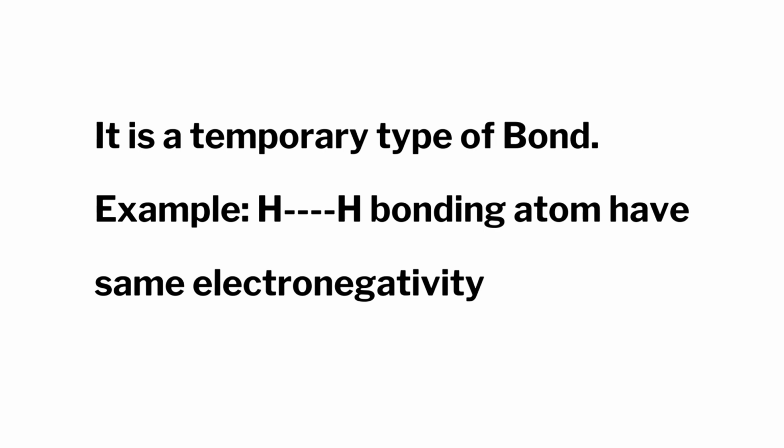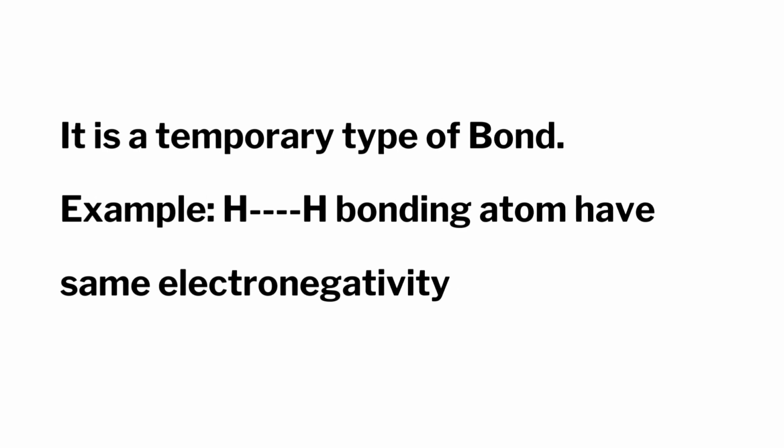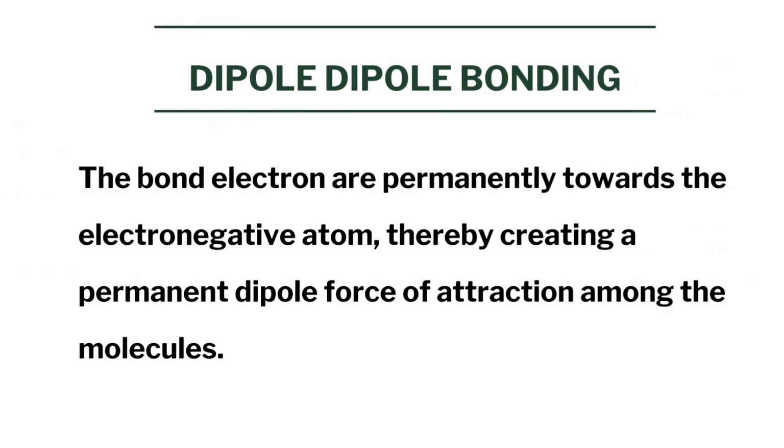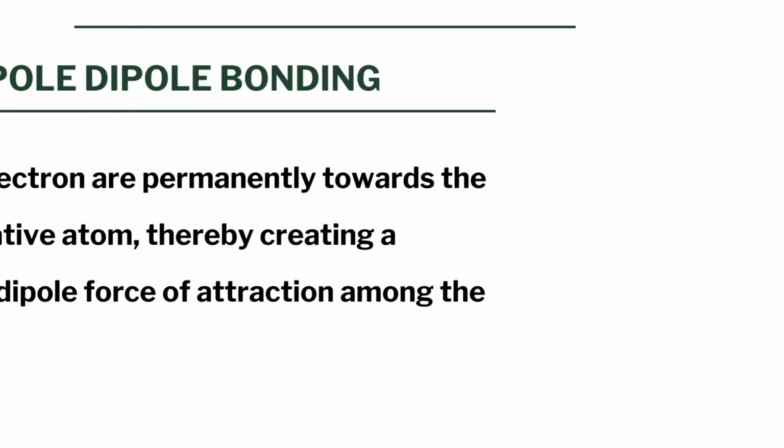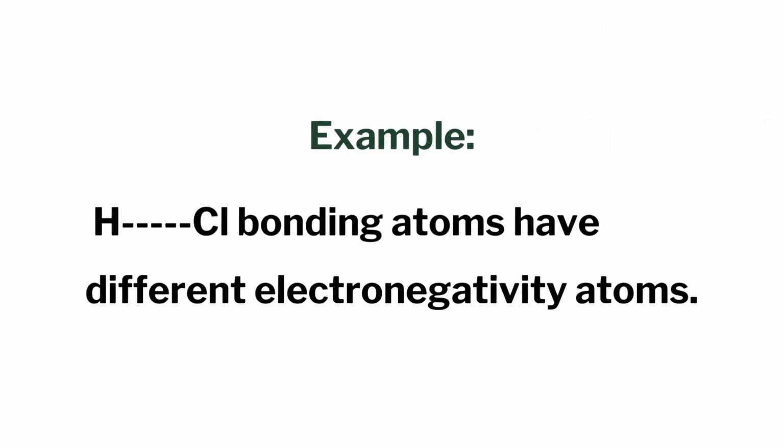Let's go to dipole bonding. The bond electrons are permanently towards the electronegative atom. Let's look at HCl, for instance. Between H and Cl, which one is more electronegative? Chlorine is more electronegative.